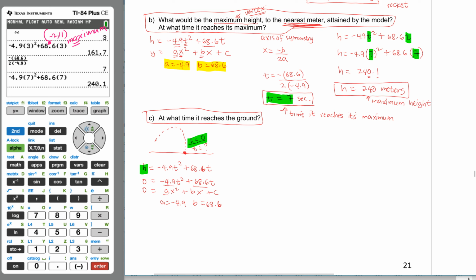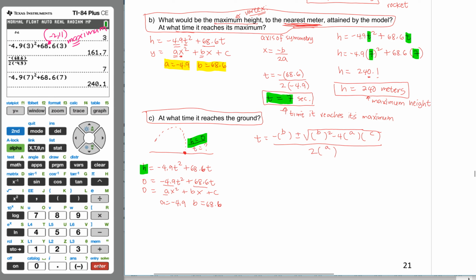This time it's not for x, so we'll just use t. So you have t equals negative b plus or minus the square root of b squared minus 4 times a times c, divided by 2 times a. Again, I'll put the notation here: this is your b, this is your a, this is your c, and this is your a value. So we'll just plug in the values now.